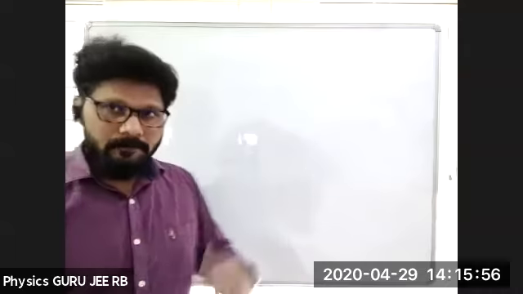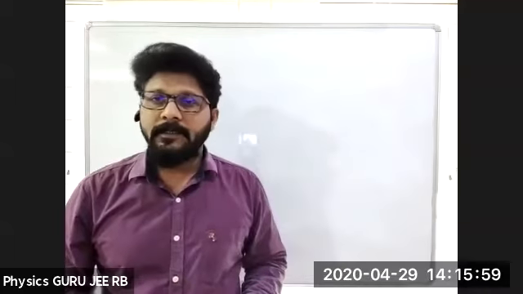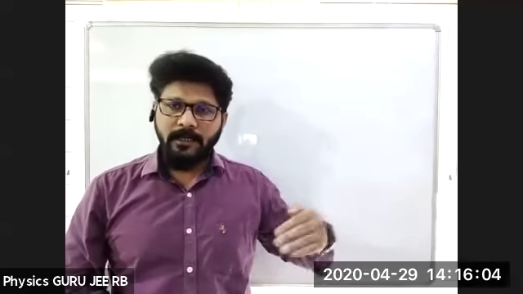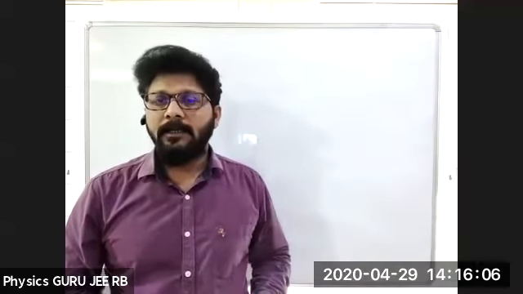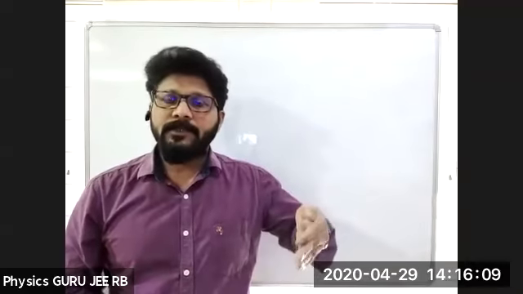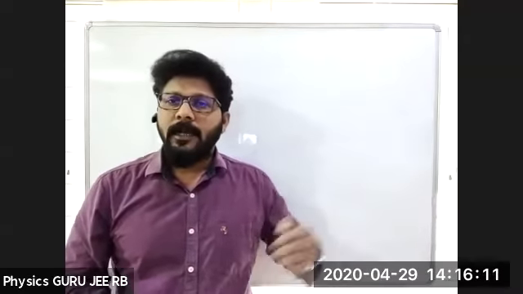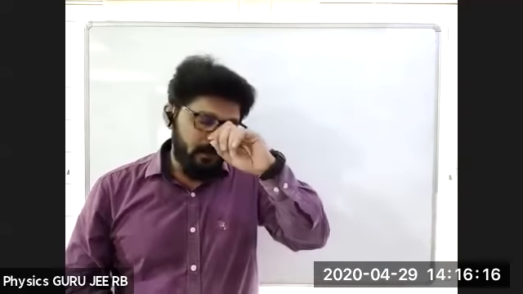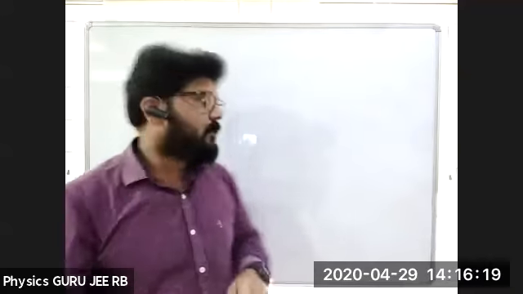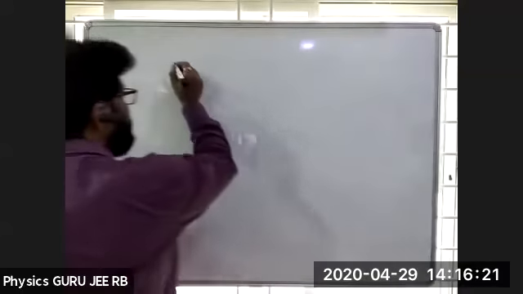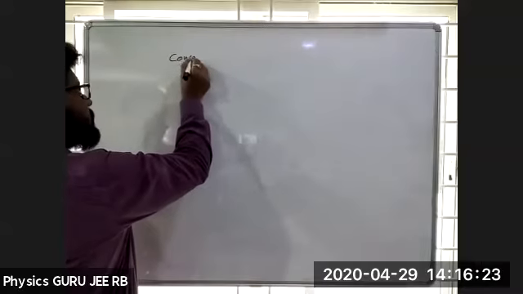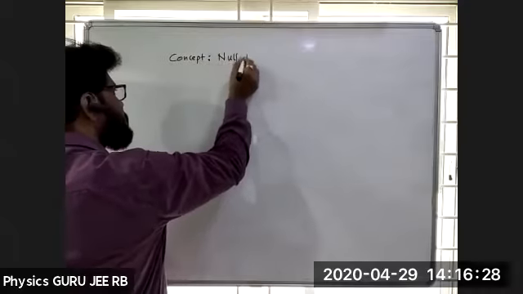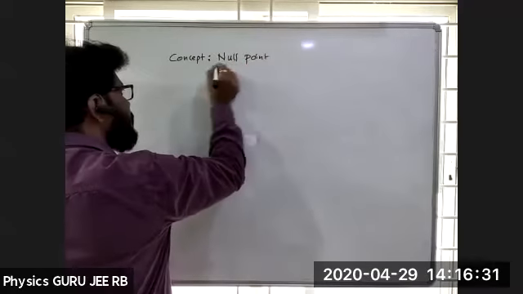Already in electric field intensity we discussed how to calculate electrostatic force and electric field intensity, and null points are points at which the electric field intensity will become zero, at which the electrostatic force will become zero between two charges. The concept is nothing but null points.